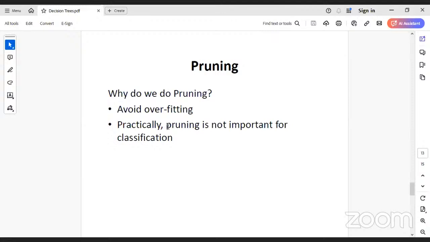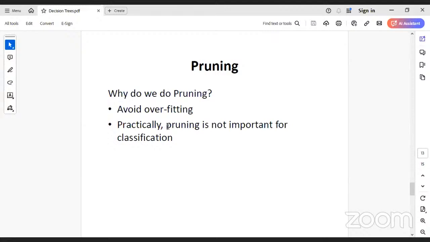This error is called your accuracy. There will be almost zero error while trying to find out the train accuracy, but when it comes to test accuracy, it might give you some error. So naturally your train accuracy will be more than the test accuracy.